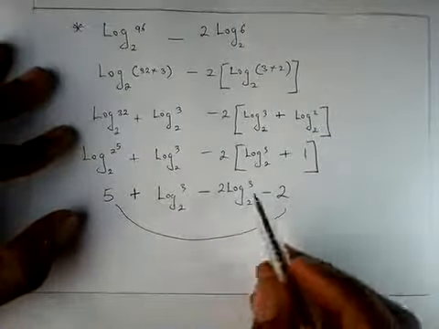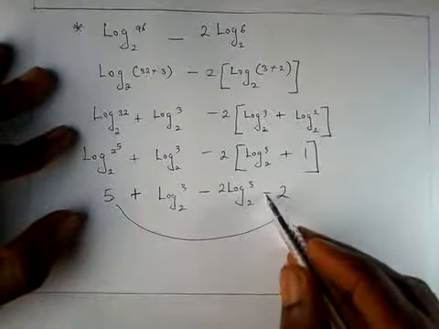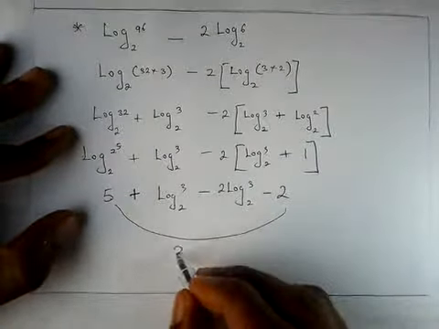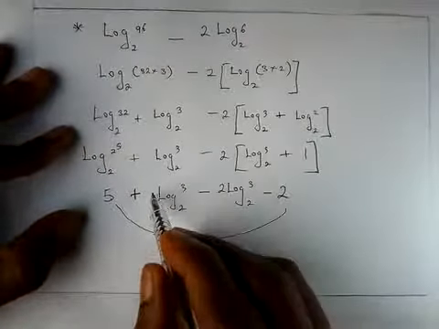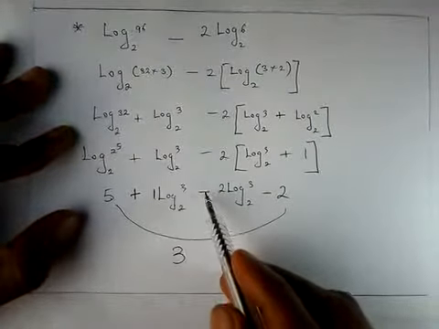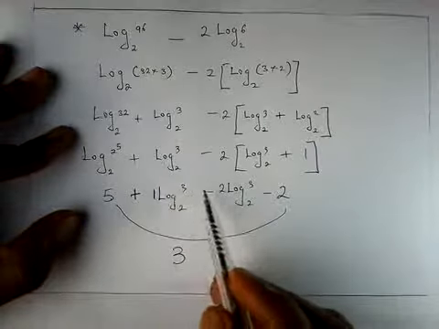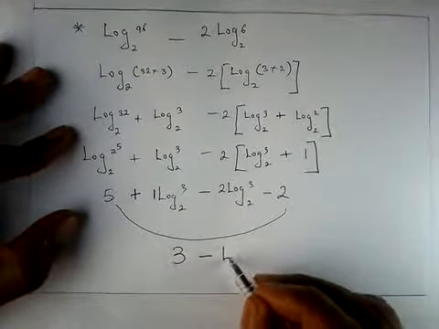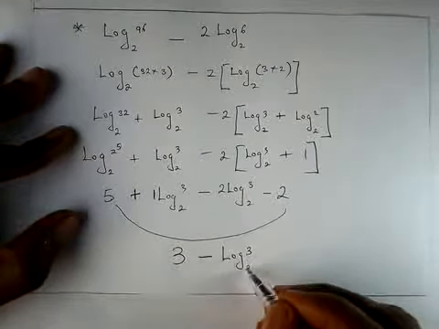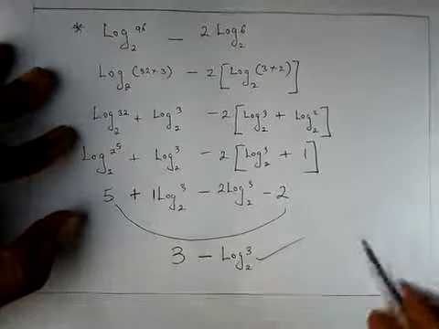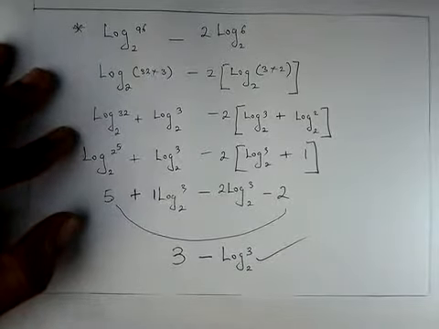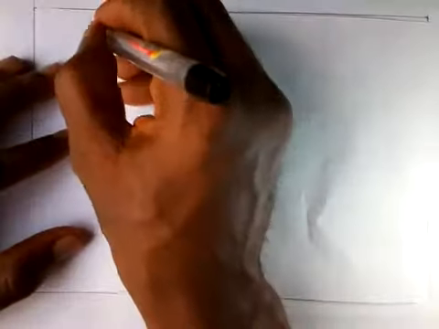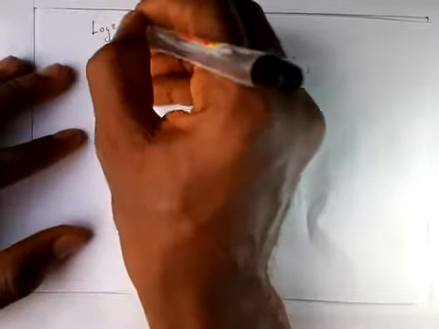We can deal with this 2 as much as we can deal with this 2. 5 minus 2 gives us 3. Then this is like 1p minus 2p, which will give you minus 1p. The p in this case is log 3 to base 2. That's the answer.